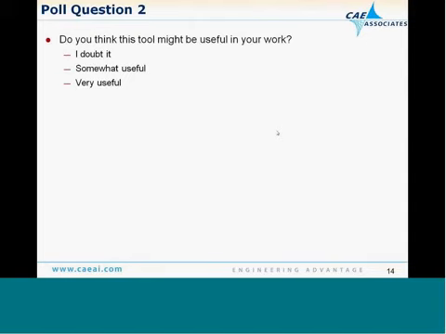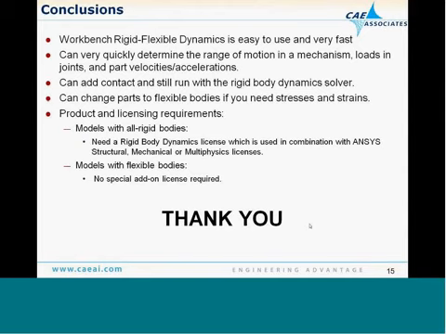And just to conclude here, before I go on to answer any questions you may have, I just want to review the advantages of this rigid flexible dynamics tool. It's very easy to use. It's very fast. That's the biggest advantage is the speed.